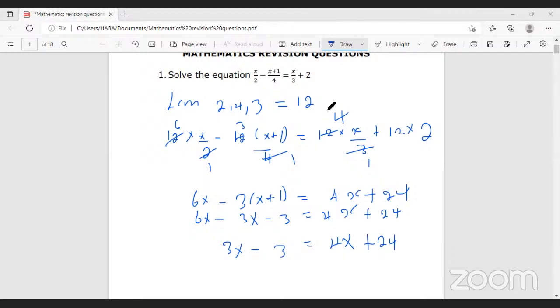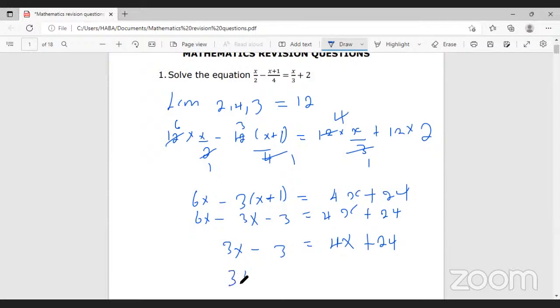Yes, we collect like terms. We are going to bring the 4x to the left hand side.